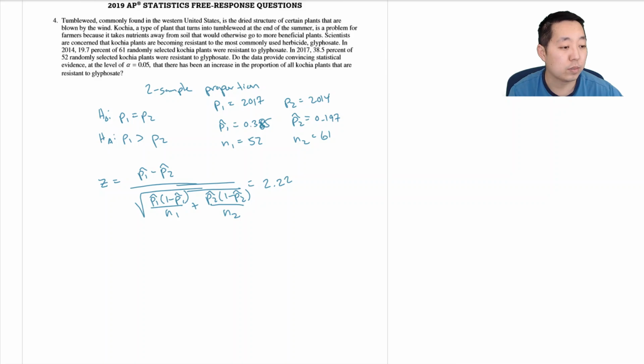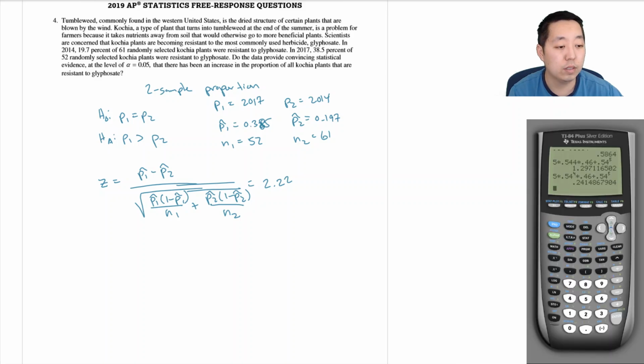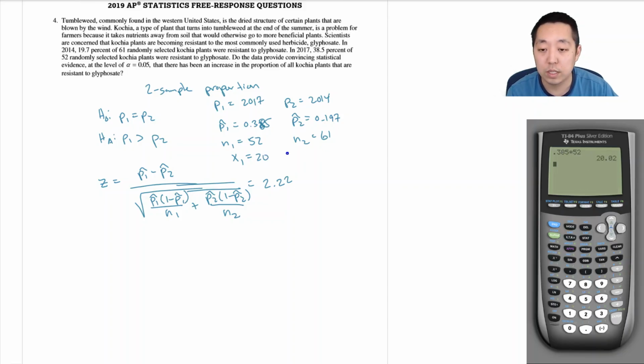So let me pull up the calculator. You could do a hypothesis test, but for the prop testing, they actually want you to enter X1, which is the number of successes. So 0.385 times 52 is the number that were resistant, which is 20. For X2, we do 61 times 0.197, which is 12.